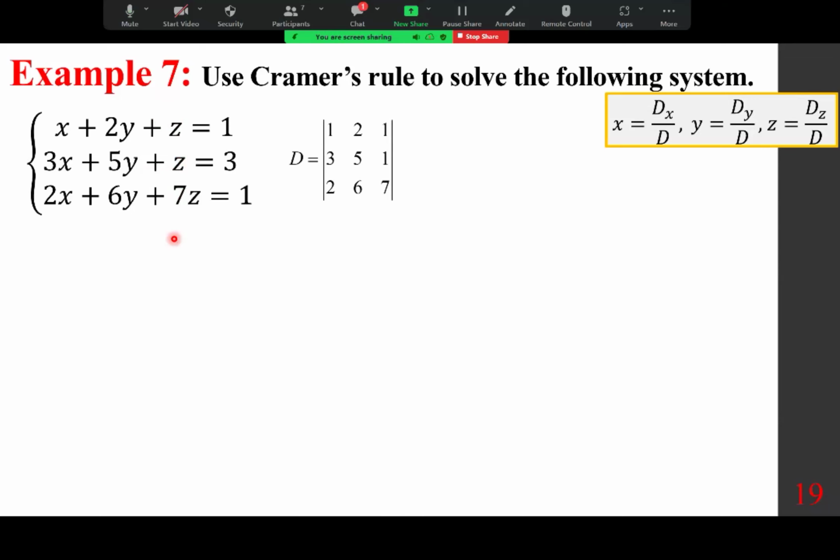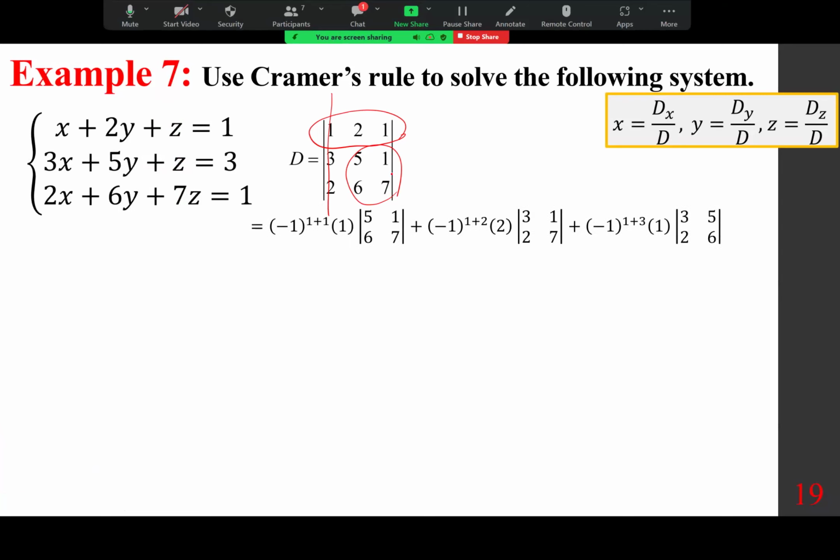Let's expand it with respect to the first row. So we're going to get rid of this. And we're going to have a 1 times the determinant of that.